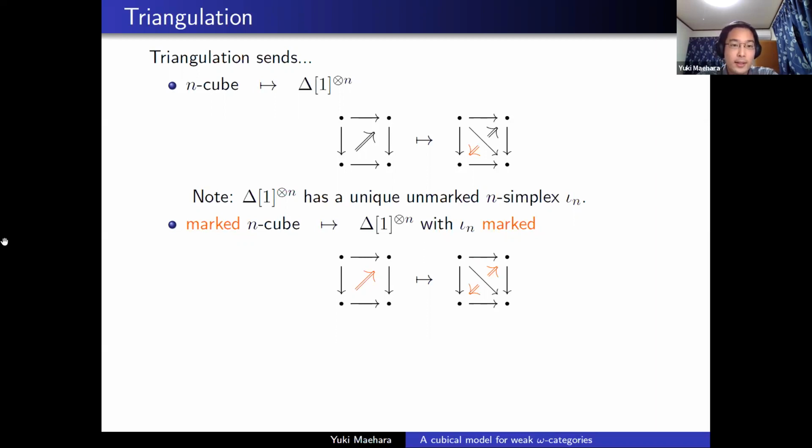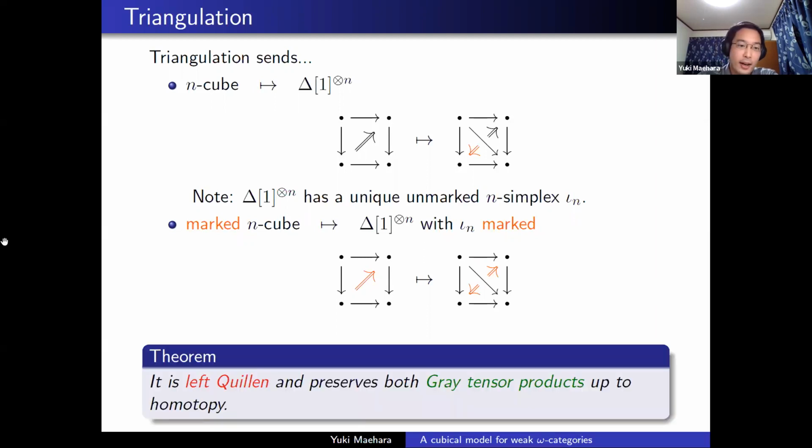Our second main theorem is that this triangulation functor is left Quillen with respect to our comical model structure and Verity's complicial model structure, and it preserves both lax and pseudo Gray tensor products up to homotopy.